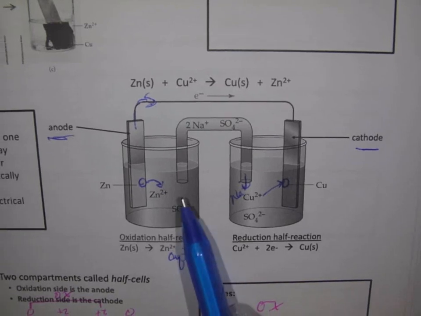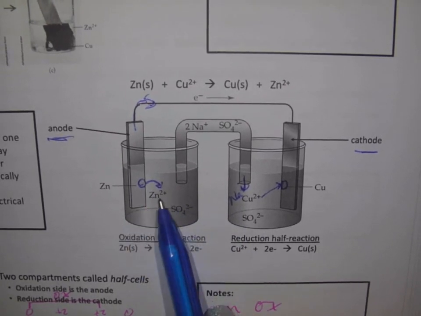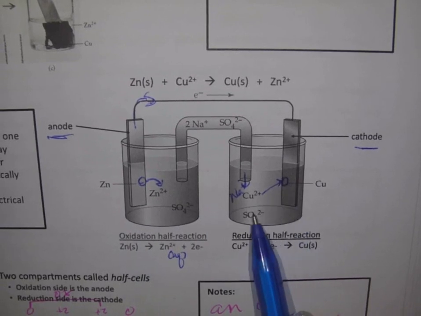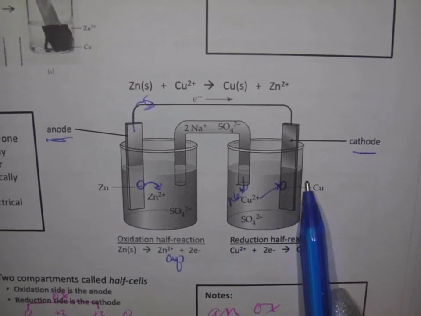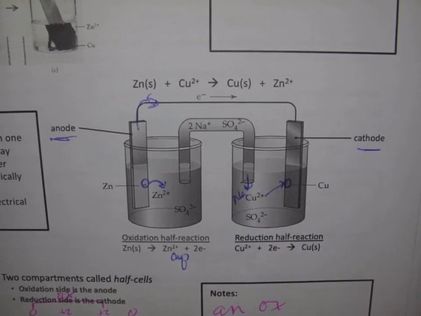If we get too high of a concentration of positives here, it's going to stop putting positives into it. If we have too high of a concentration of negatives, because we were removing positives here, then it's going to stop taking positives out of it. Okay? So basically it's saturated. Yeah. Exactly.